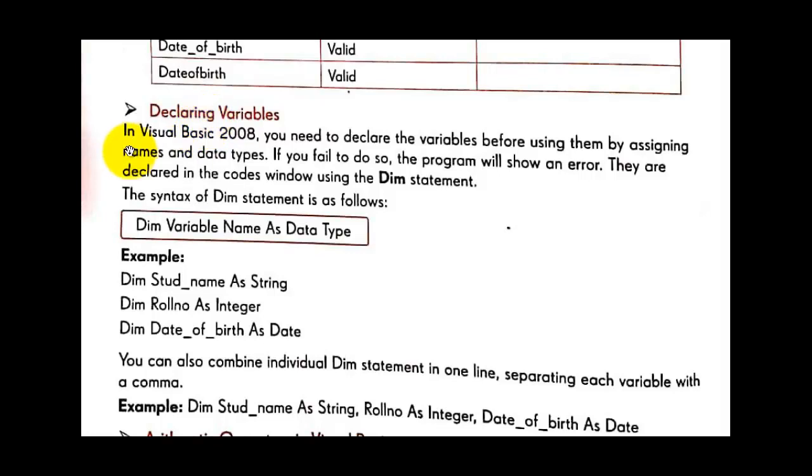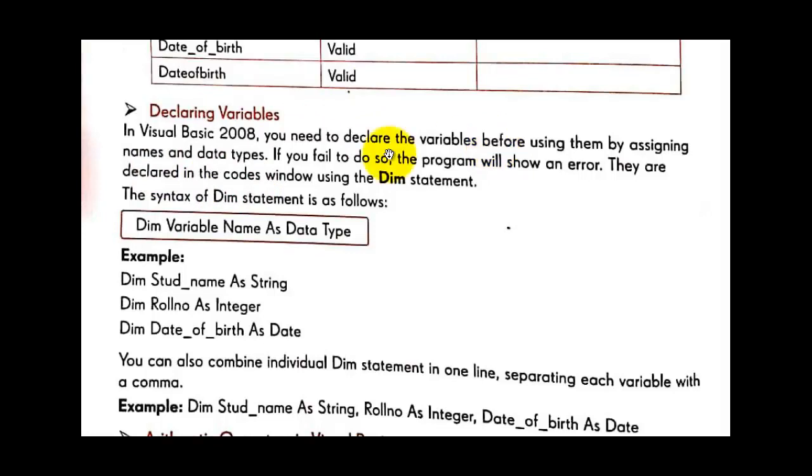In Visual Basic 2008, you need to declare the variables before using them by assigning names and their data types. Data types, numeric and non-numeric, we have already done, and we have just studied valid and invalid variable names.